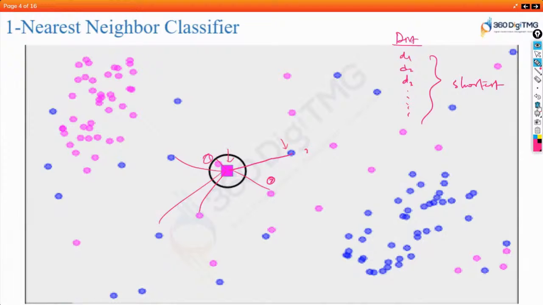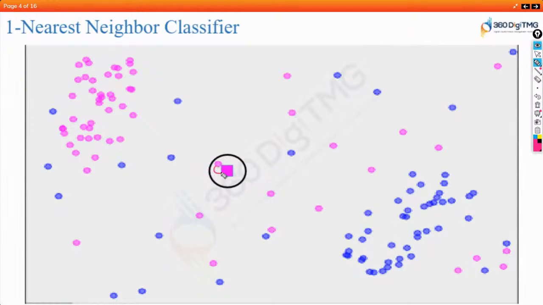Yep, shortest distance. And let's assume that shortest distance is this pink class in this particular diagram. Because the new record is closer to the pink class, we assign the new record to the pink class.